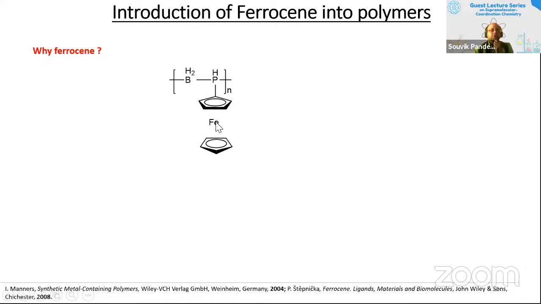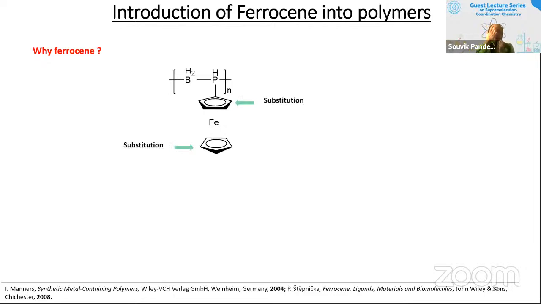So this ferrocene compound is a metallocene class of compound, and from the beginning, when it was discovered, it has shown very promising potential for application in many directions. Many directions means not only electronic devices, but also ferrocene compounds or ferrocene polymers are used in medical sciences nowadays.